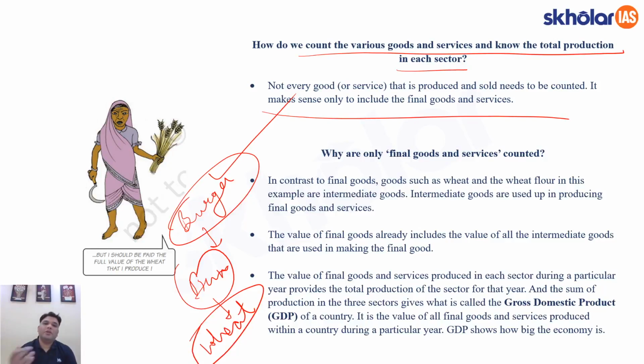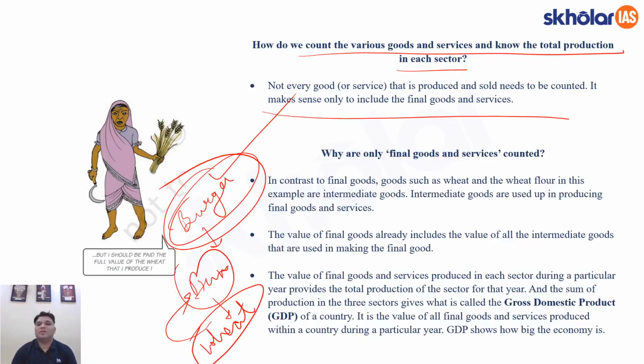Therefore, not every good that is produced and sold needs to be counted. When this wheat was sold to McDonald's to make a bun, it need not be counted. It can only be counted when McDonald's sells that burger, right? So you don't have to count your goods and services at every stage of production or at every stage of buying and selling. It makes sense only to include the final goods and services.